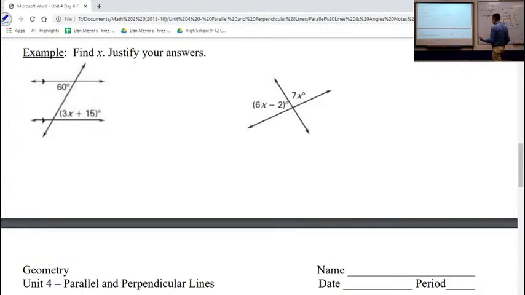So these angles, if I put them together, just make a straight line. So they are a linear pair. Pair of angles that make a line.